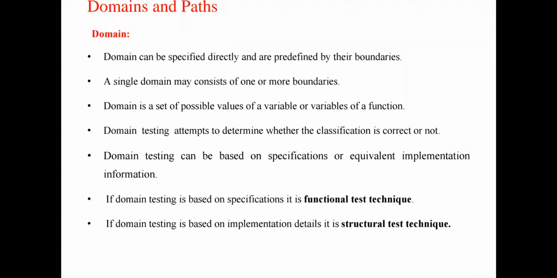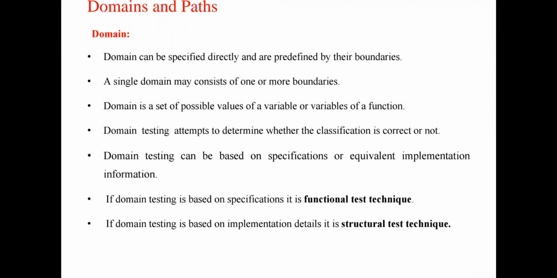Okay. So domain testing can be done in two different ways: domain testing can be done on the specification, or on the implementation. What is specification? What is implementation? Specification is nothing but the requirements, whatever input values you are working with. Or you are performing domain testing on the implementation, the calculation.